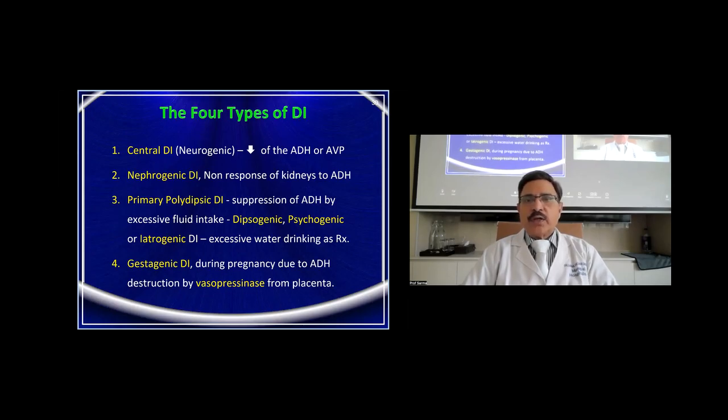Nephrogenic is the kidneys are not responding to ADH, either because of receptor mutation or because of renal disease. Primary polydipsic diabetes insipidus could be dipsogenic, psychogenic, or excessive iatrogenic fluid administration.